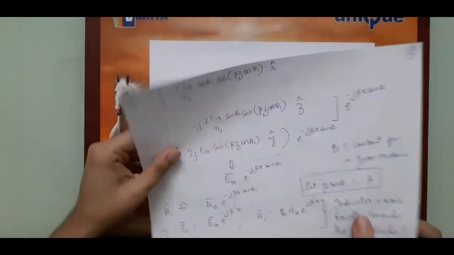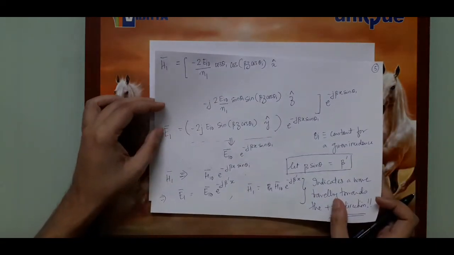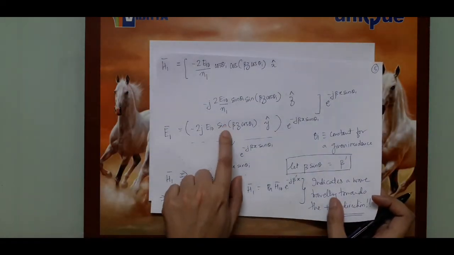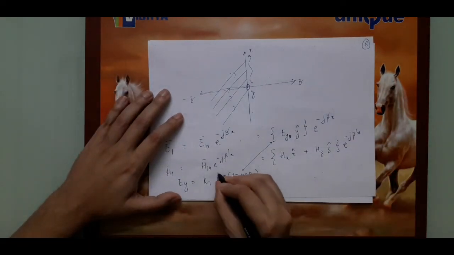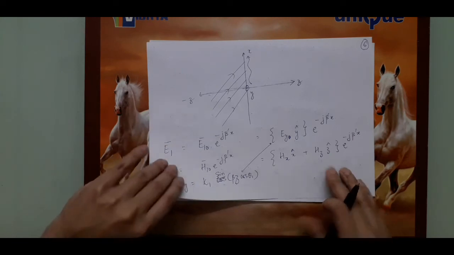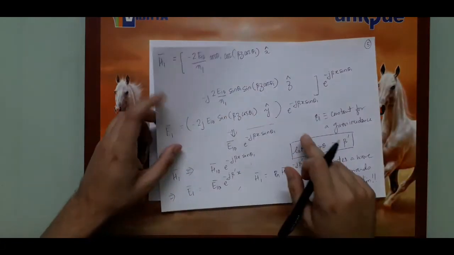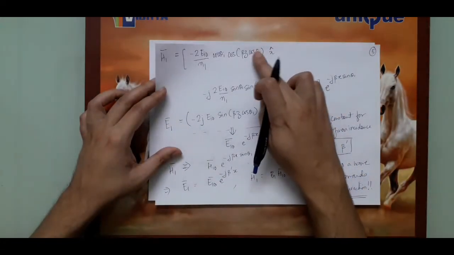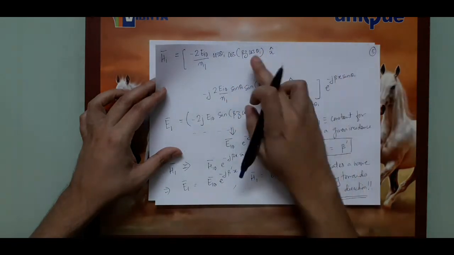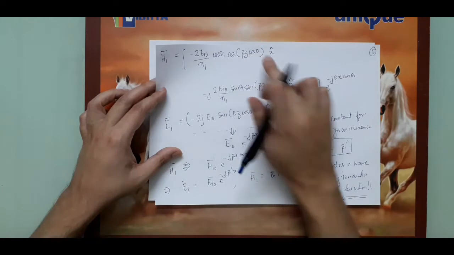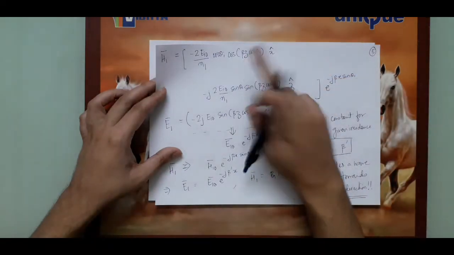What about Hx? Hx is some constant, let's say k2 times cos of beta z cos theta I.